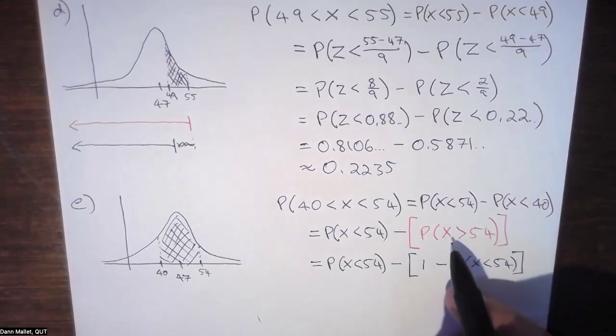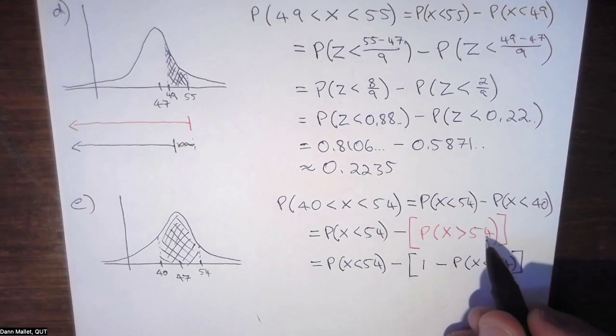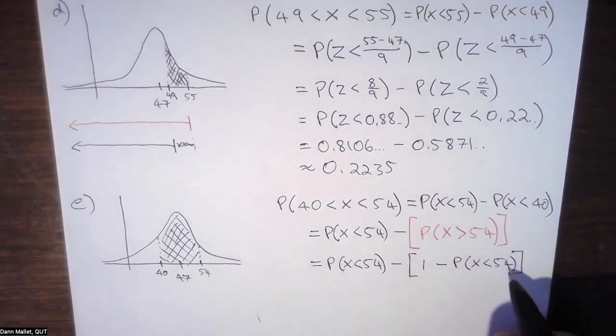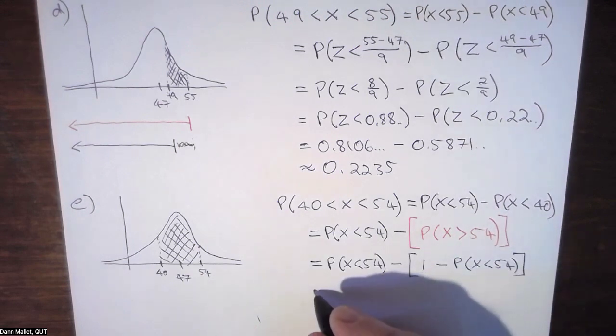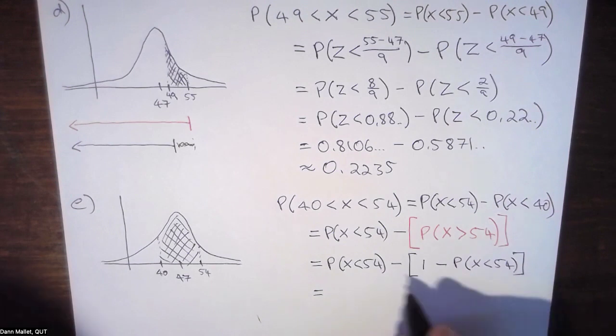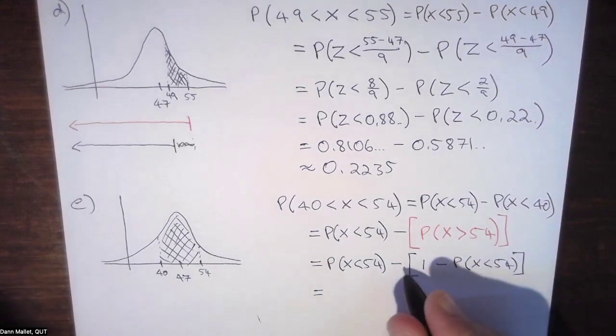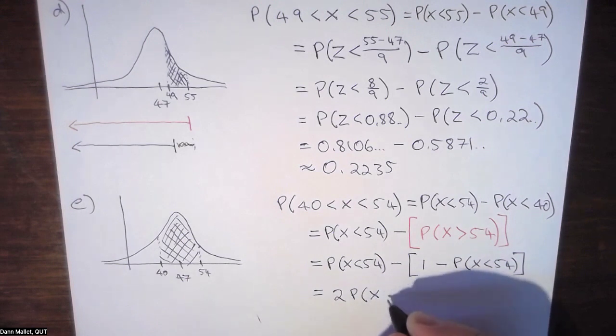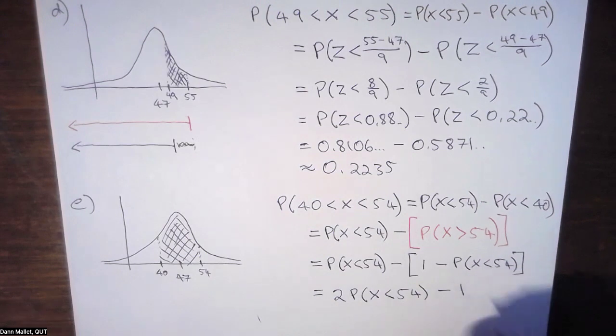Now, this is because the probability that X is greater than some number is 1 minus the probability that X is less than that same number. So continuing on, there's a bit of simplification we can do here. We've actually got minus minus makes it plus. We actually have 2 of the probability of X less than 54. And we're going to subtract 1 from that, minus 1.